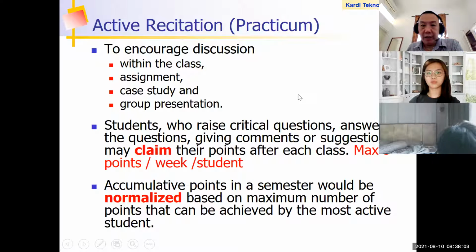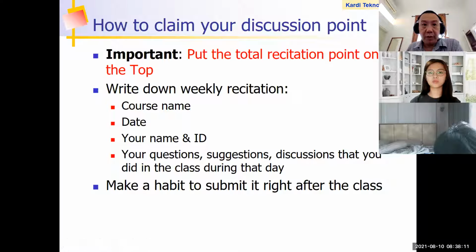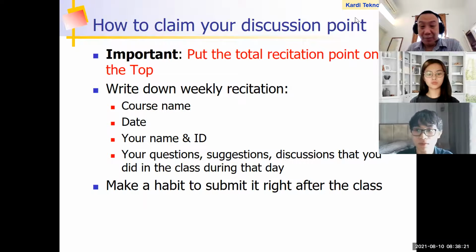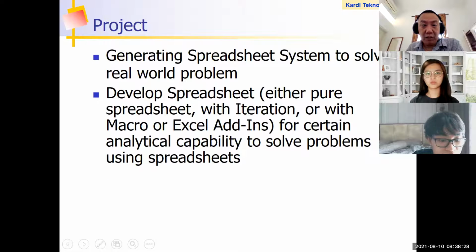At the end, we will accumulate the points and normalize based on the most active students in the class. The important thing is to put your total recitation point on top. I will not count all your claims; I just see it and put the score based on your claim. This is an honesty system.